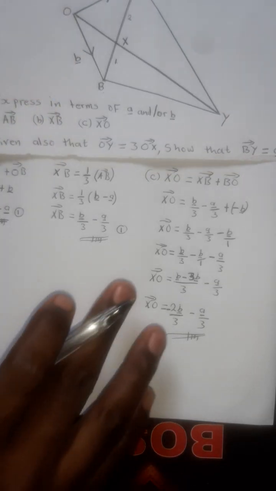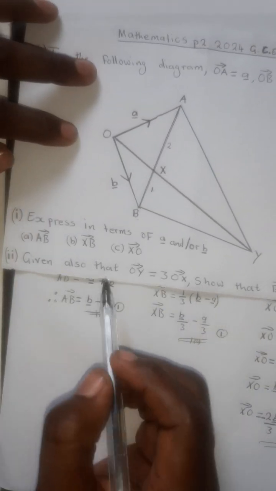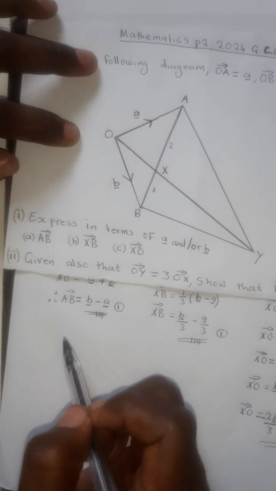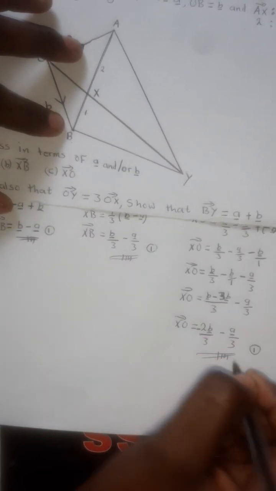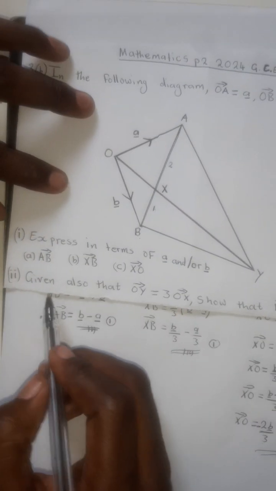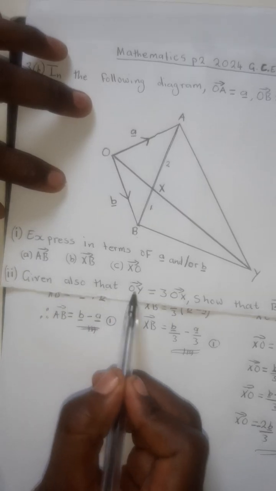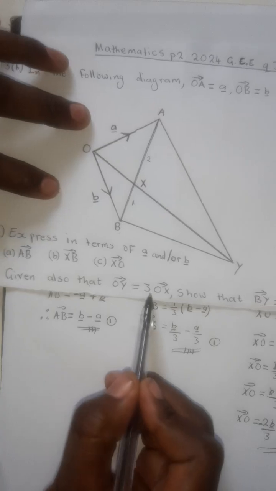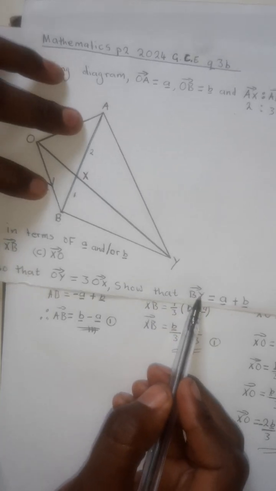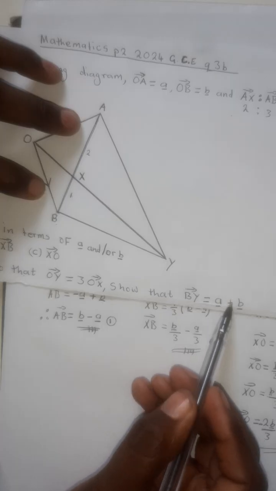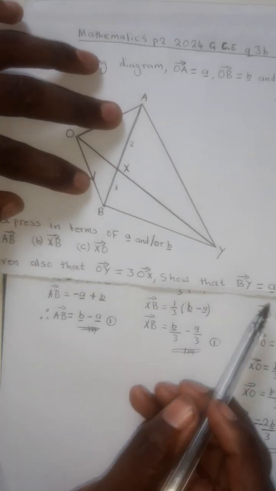Okay, let's proceed to the last question now. So the last question reads, and this is my favorite question because it proves everything. So even here, take note, we also have a mark. Okay, now that's saying, given also that OY is equal to 3OX, show that BY is equal to vector A plus vector B. So they've given us the answer.